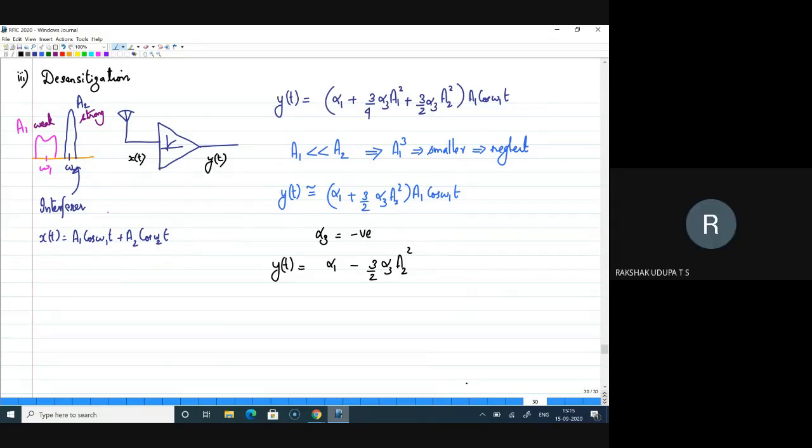In y of t, a1 is less than a2. That's why, compared to a2, the a1 cube term is neglected. But a1 itself, which is the gain term, is not neglected. I did not neglect a1.